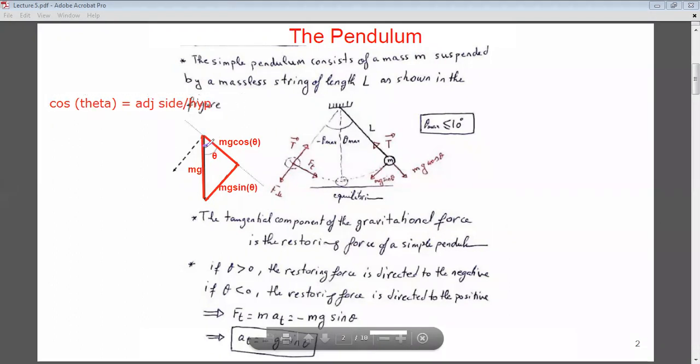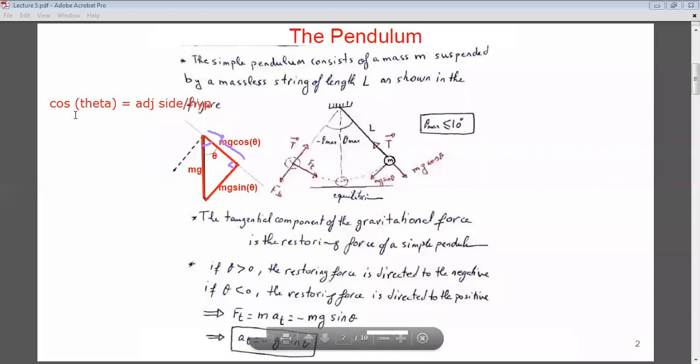What is the adjacent side? The adjacent side is this side, which we are calling the centripetal. This triangle has a 90 degree angle here, and the hypotenuse is mg.